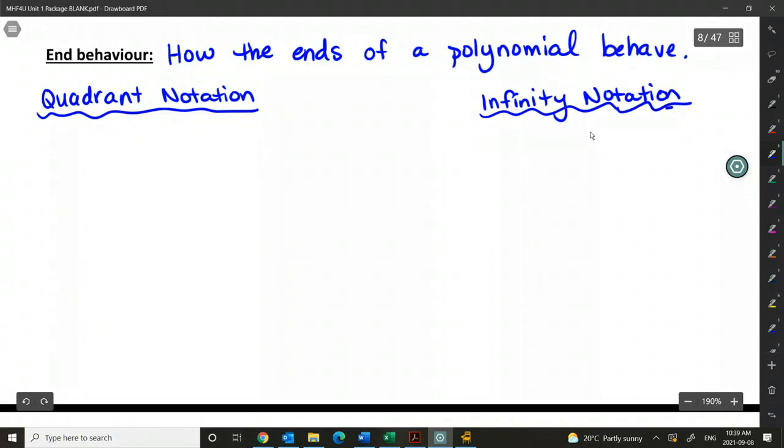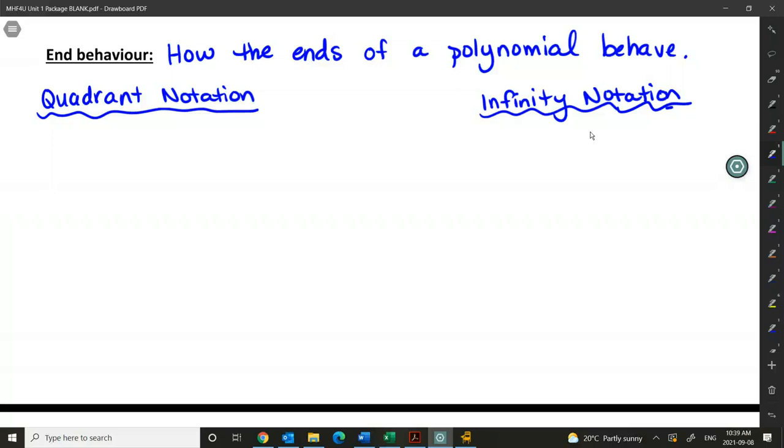On a test or an assignment or quiz, I may ask you for a specific one, or I may just say, give me the end behavior in whichever method you feel comfortable with. So I would expect you to be able to write both and also read both, if I were to give you an expression and ask what this is telling me about the ends.